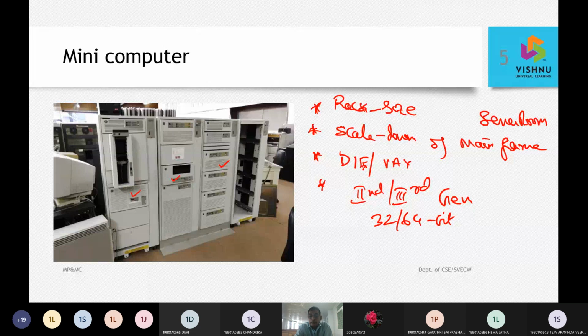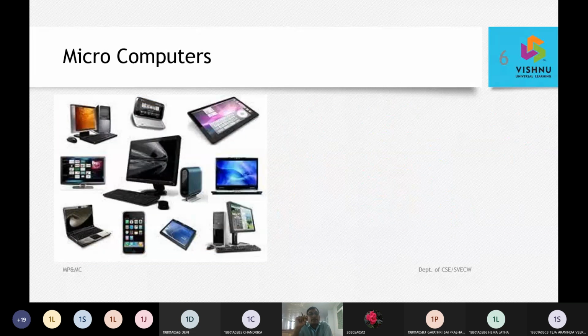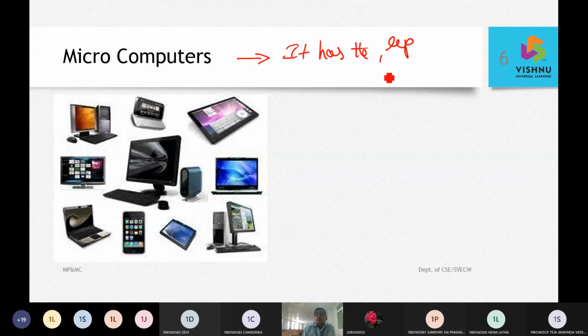The next thing is the microcomputers. When we call it a microcomputer, the first and foremost thing is it has the µP. µP stands for the microprocessor as the chip, which we interpret as the CPU.